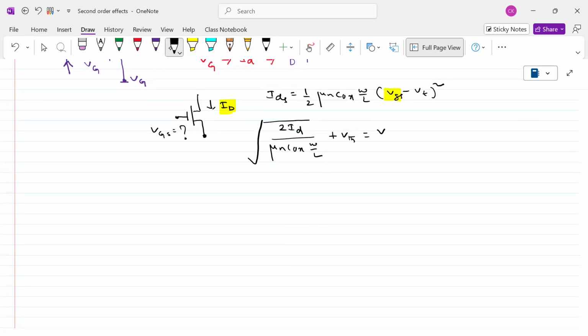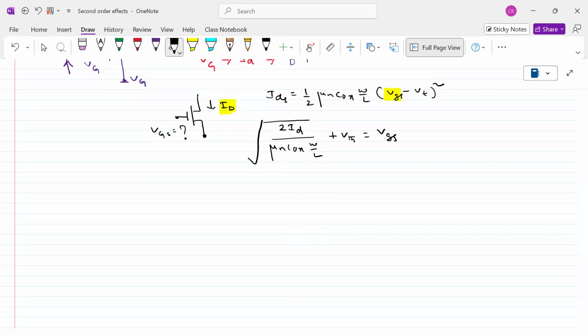Am I right? Look at this. I kept all the half mu n Cox W by L on this side, and on the right-hand side VGS minus VT whole square is there. To remove the square, on the left-hand side I have to take the square root, and VTH is negative on the right-hand side, so it becomes positive on the left-hand side.